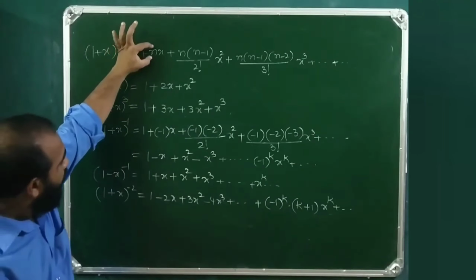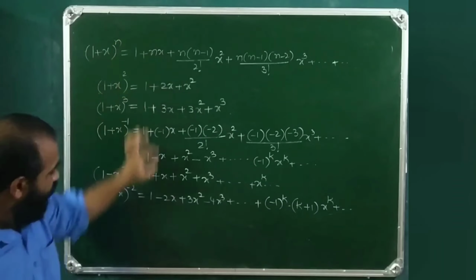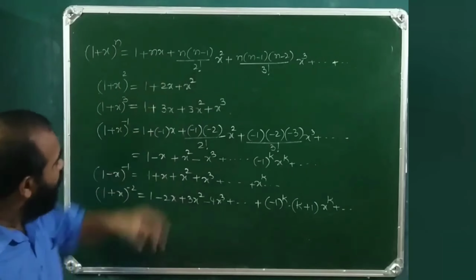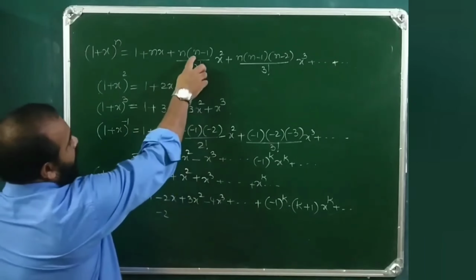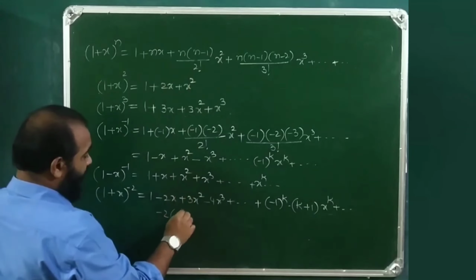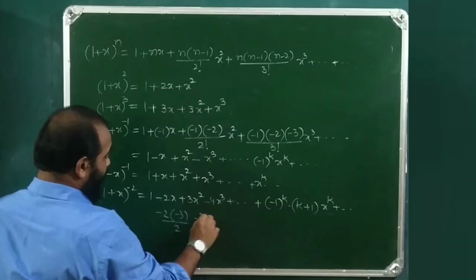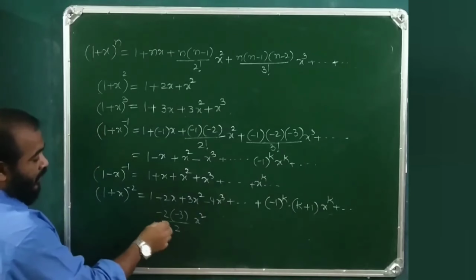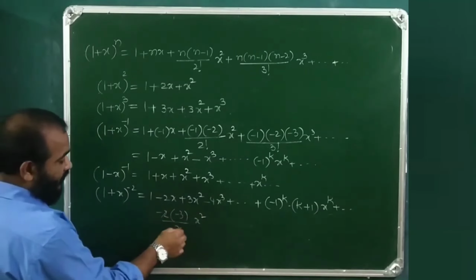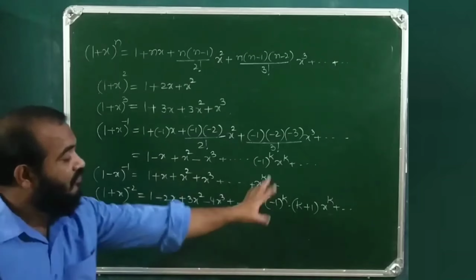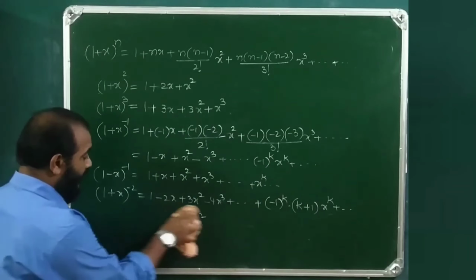You may check it out also. n equals -2, so -2 into x. Then -2 into -3 by 2 factorial, which is 2, x^2. Minus into minus is plus, 2 gets cancelled, 3x^2. Likewise it goes.